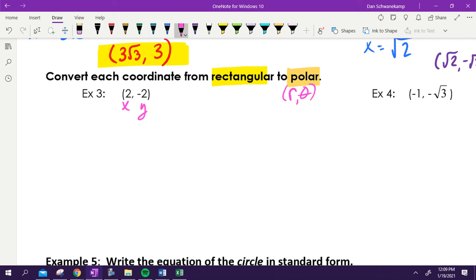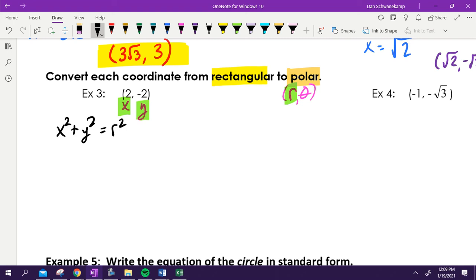So we can do them separately. But we need a formula that somehow uses x and y and gets me r. Is there any formula that perhaps we've discussed before that gets you x and y to get you r? Pythagorean Theorem. X squared plus y squared equals r squared.